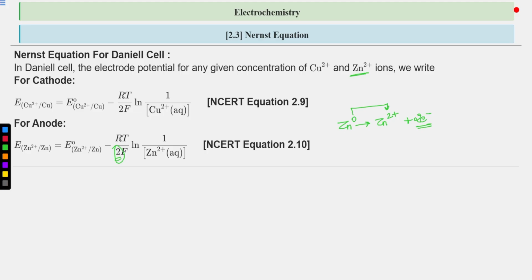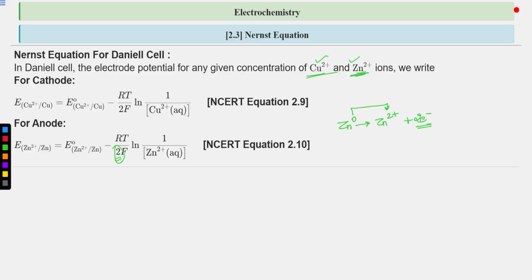Okay, in the Daniell cell, the standard electrodes we use are copper and zinc. It is already mentioned in the NCERT electrochemistry chapter that the standard electrodes we use in the Daniell cell are copper and zinc. Otherwise, it is not necessary that you use only these two.